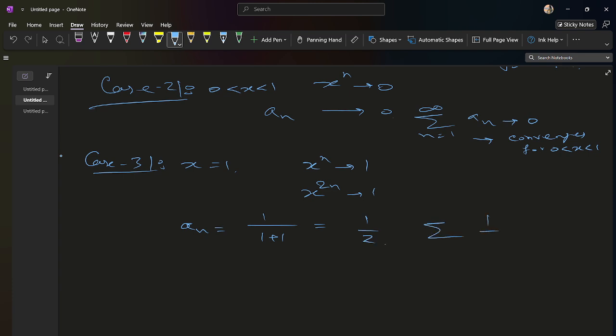So the summation of 1 by 2, n equals 1 to infinity. As this is a constant term, half, it will diverge. So only at x equals 1 the given series diverges.